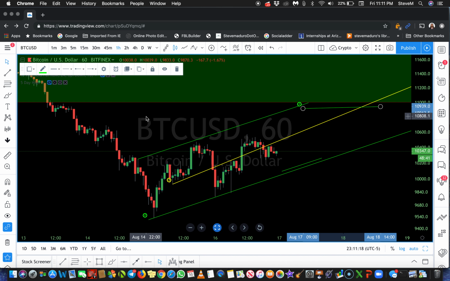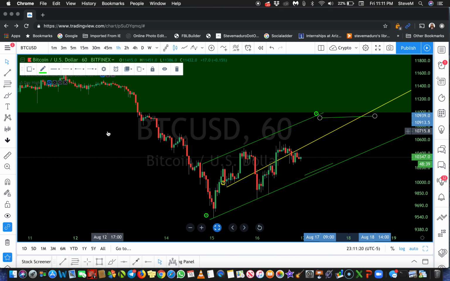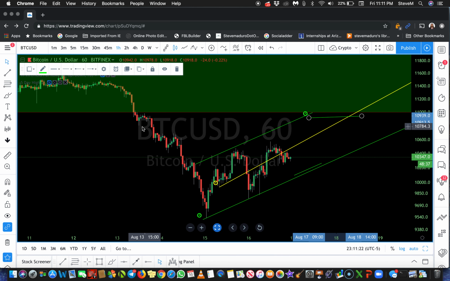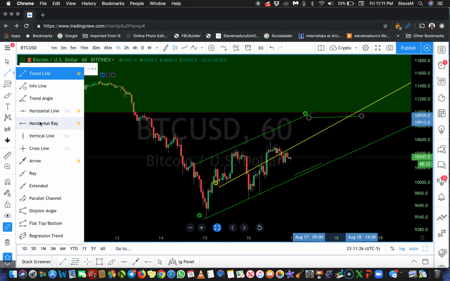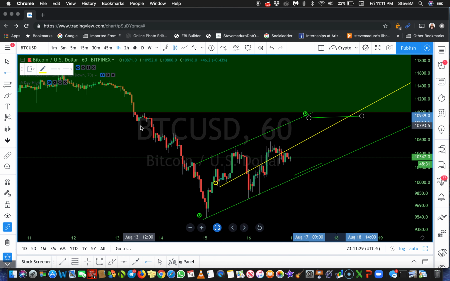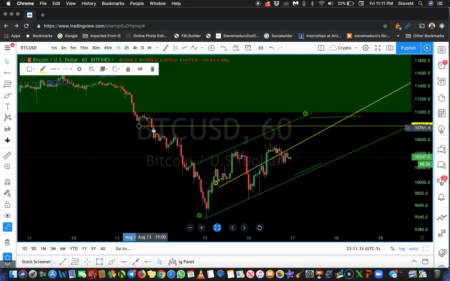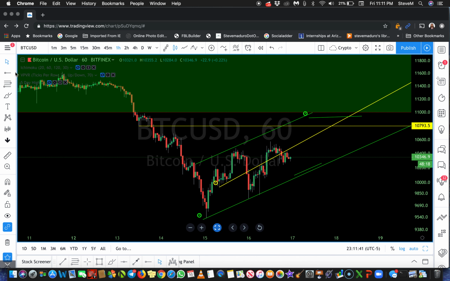So in this case, there are some supply zones that I'm interested in, and what I'll do, I'll take a horizontal ray, and I'm going to mark those off. Obviously, we peaked off of that, and we also had a flat candlestick somewhere in that area. Also in this area here. I'm sorry.